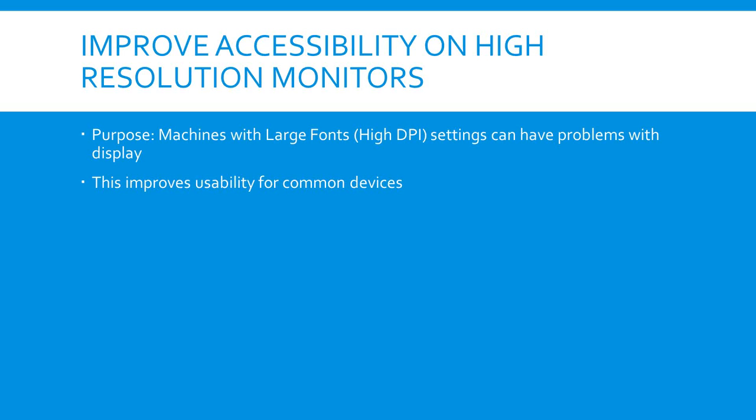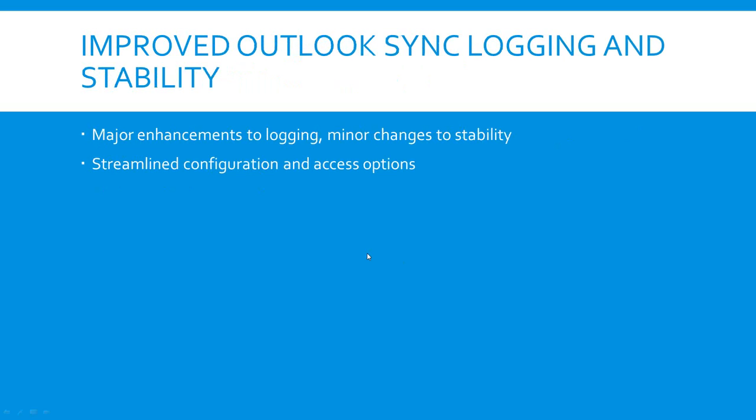If you went to the display properties for your monitor and expanded the font size in the past, that caused all sorts of problems, and they've addressed that. So if you've got a newer laptop, like a Surface Pro or a Yoga or an X1 Carbon, some of these that have really high monitor resolution, this is a feature that will help you view the Act screen a little bit better.